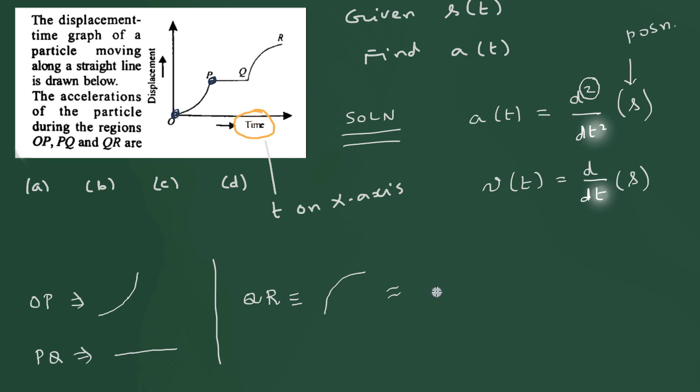Since the displacement is given on the y-axis, I will write S here. Since the time is given along the x-axis, I will write time here. In fact, everything is coming from the question paper. You see here, the time is given along the x-axis. Similarly, the displacement is given on the y-axis in the question paper. So based on that only we have to write.